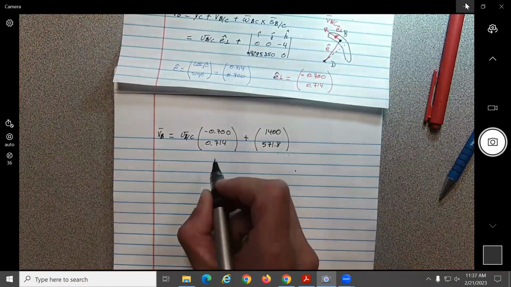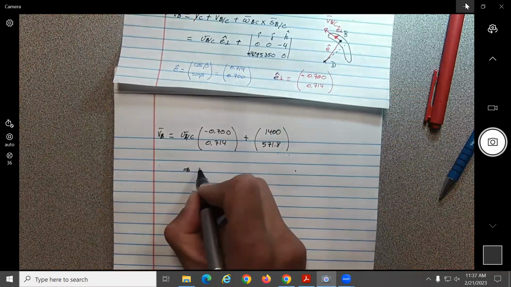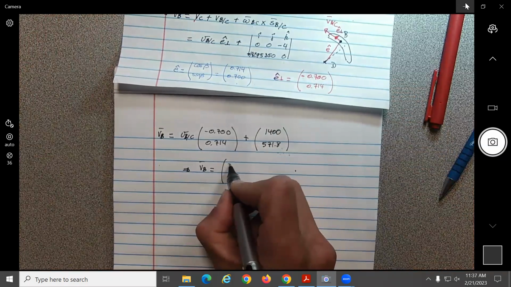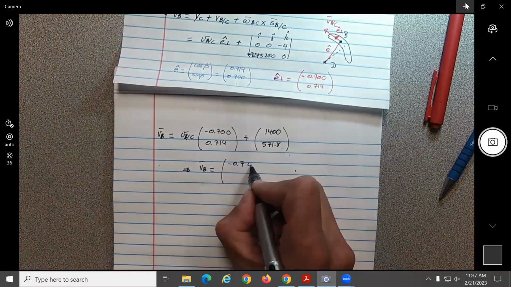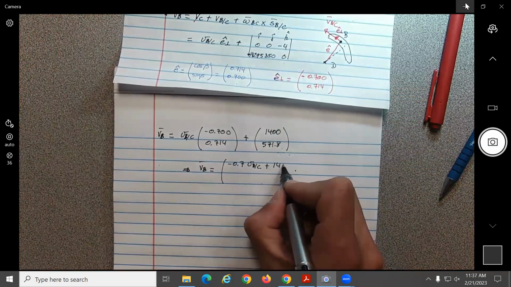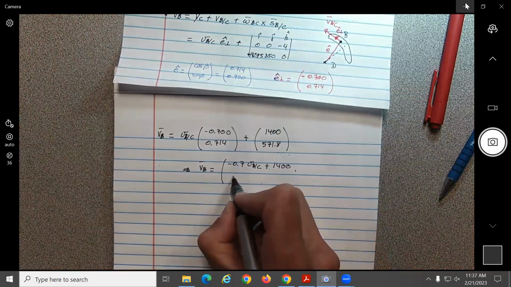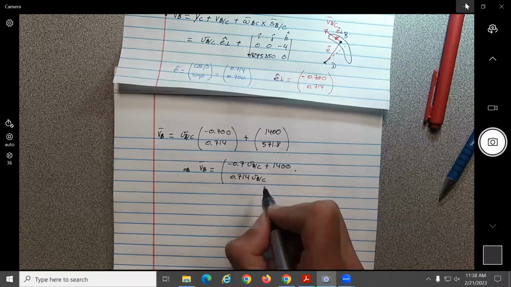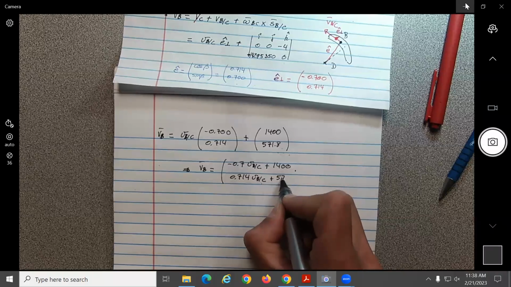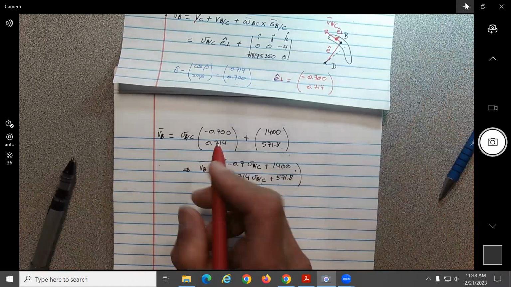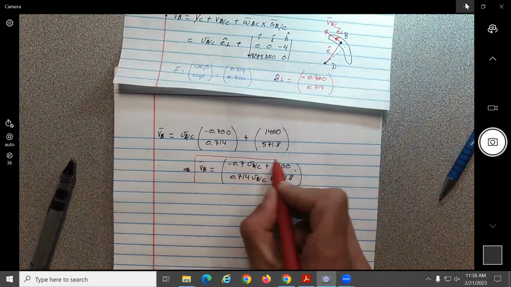So basically, this is going to give us the equation that VB is equal to negative 0.7 velocity of B with respect to C plus 1400, 0.714 velocity of B with respect to C plus 571.8. And this will be our equation.